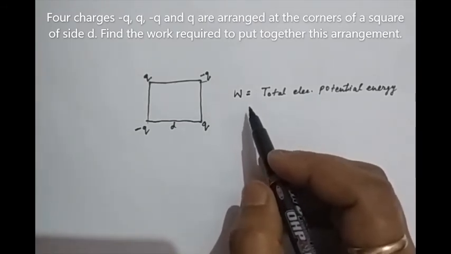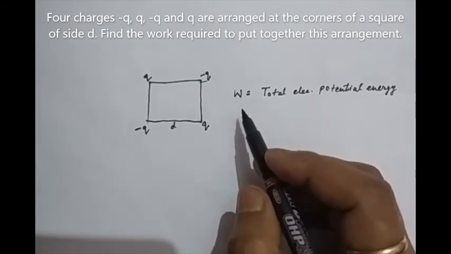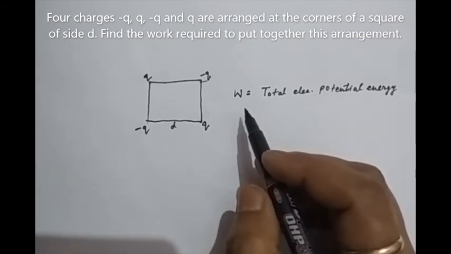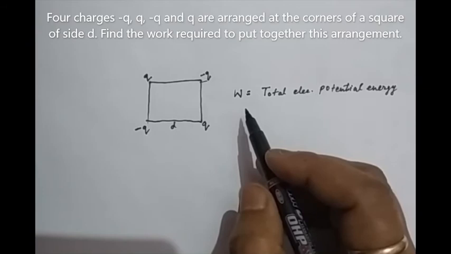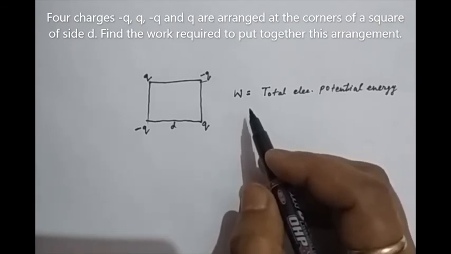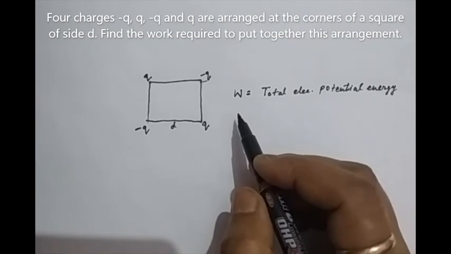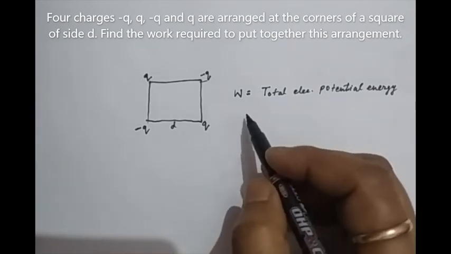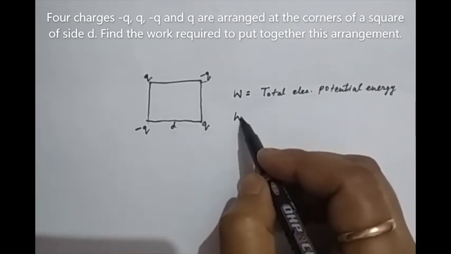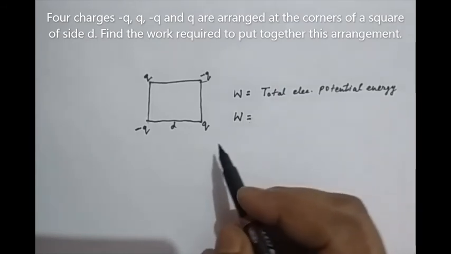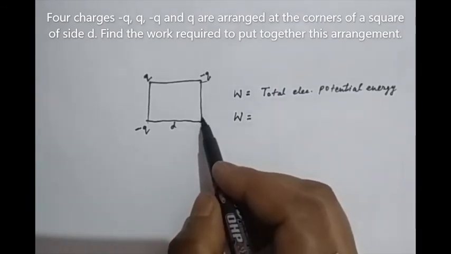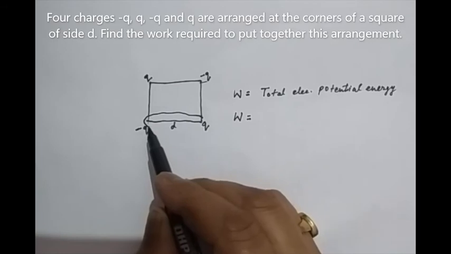If there are more than two charges, we add electric potential energy of each pair of charges. So, total work done is equal to electric potential energy of this pair of charges.